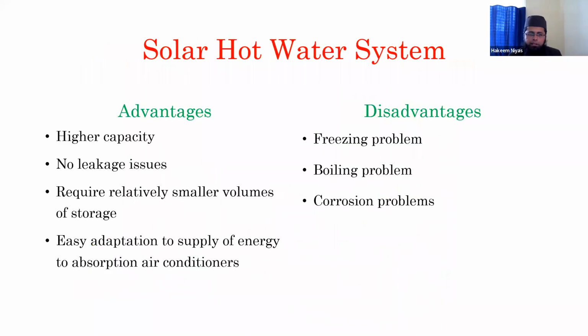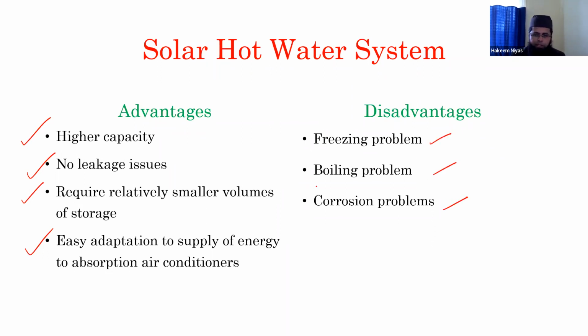Okay, so it is the opposite of that. Whatever disadvantages we have seen in the solar air system, we have seen here as advantages. Easy adaptation we can do, but there are three other problems: freezing, boiling, and corrosion problems.